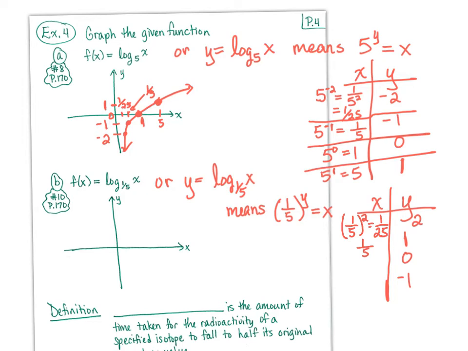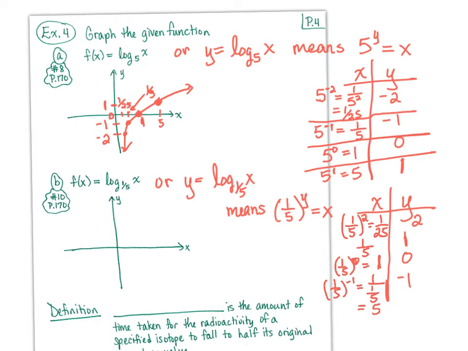When y is 0, you have 1/5 to the 0, which is equal to 1. And then whenever y is -1, that's 1/5 to the -1, which is the same thing as 1 over 1/5, and that's equal to 5.